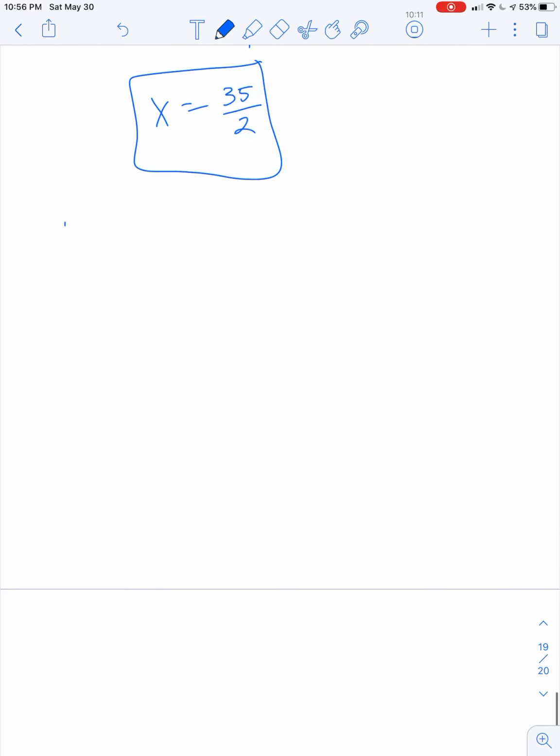Okay. Letter B. The problem is P over the fraction 3/2. All right, so P is being divided by 3/2, so we're going to do the same thing. We're going to multiply by 3/2 because 3/2 over 3/2 is going to end up giving us 1.